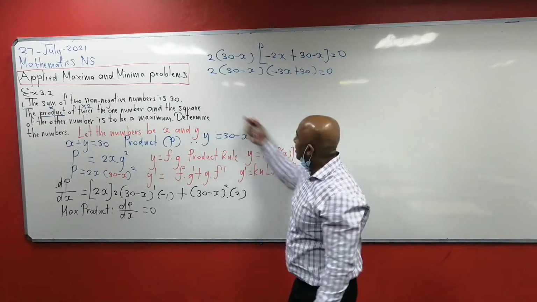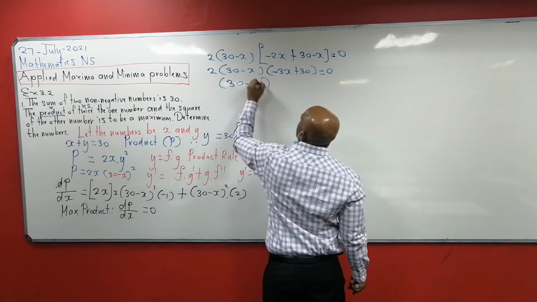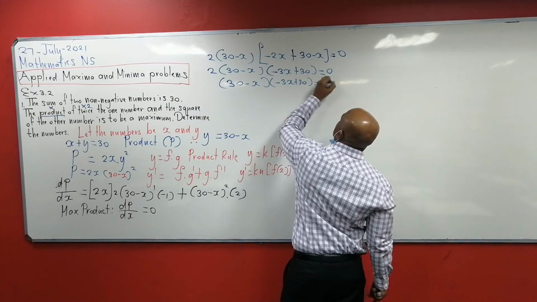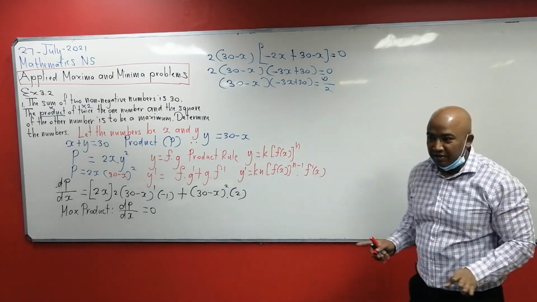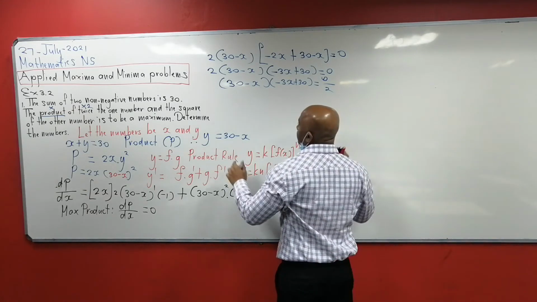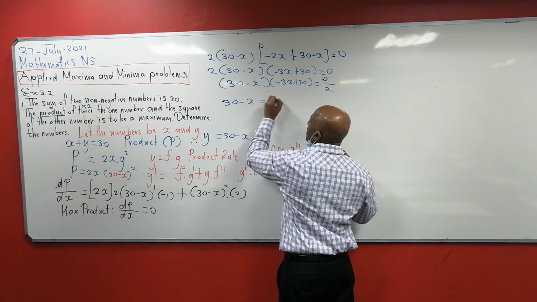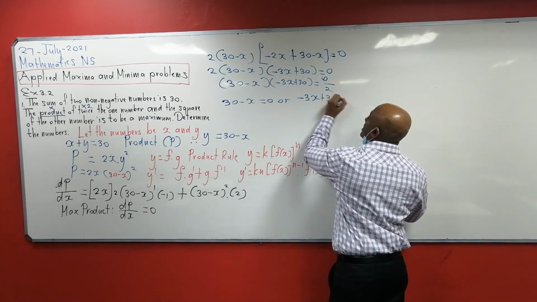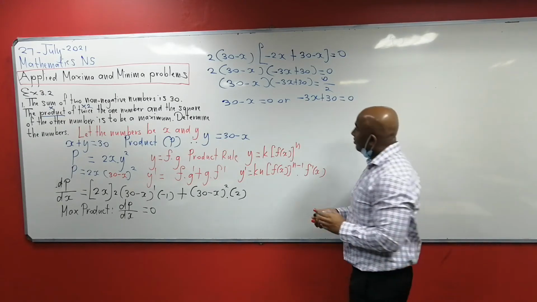So now if I divide by 2 here, so that's just going to be 30 minus x, and that's going to be minus 3x plus 30 is equal to 0 divided by 2, which is just, I got rid of that constant there. So now I can equate 30 minus x is equal to 0, or minus 3x plus 30 is equal to 0. And we can solve for x now.